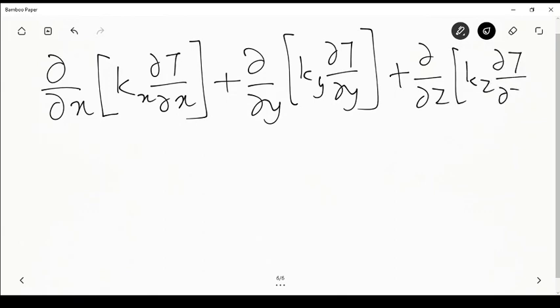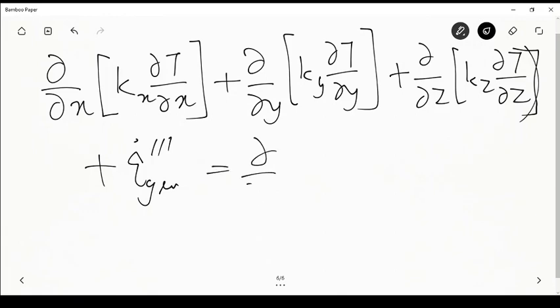Okay, these are the three terms that we have, plus this q dot triple prime generation will stay as it is because the delta x, delta y, delta z would have got cancelled, and this would be equal to del by del t of rho CVT.